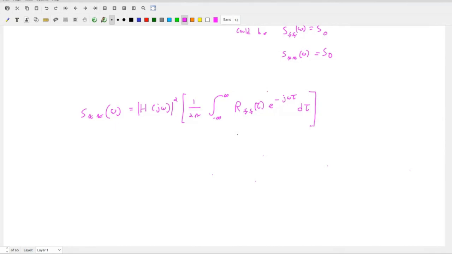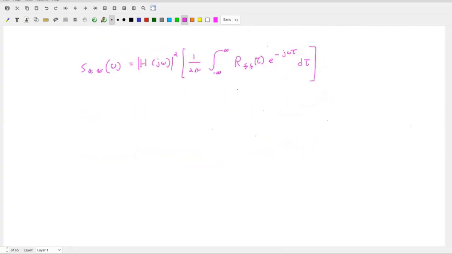So we can simplify this form into something that's a little bit more useful. Of particular interest here is the fact that we have an autocorrelation of our forcing function. So how do we get from the autocorrelation function to a spectrum? What step do we take? Yeah, the Fourier transform, right?